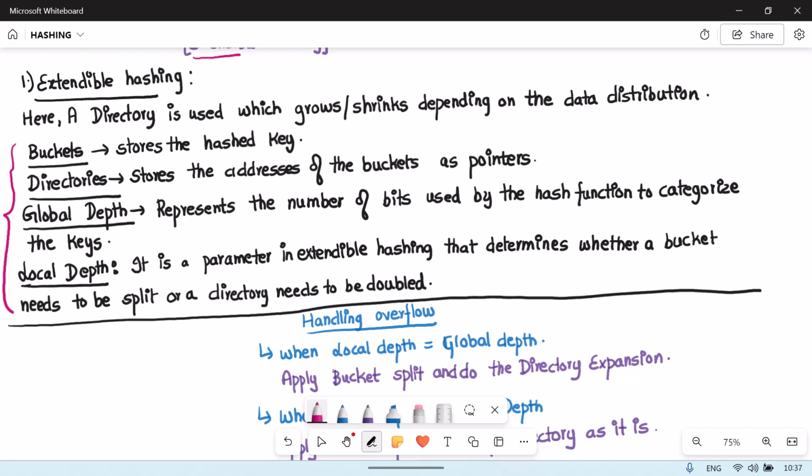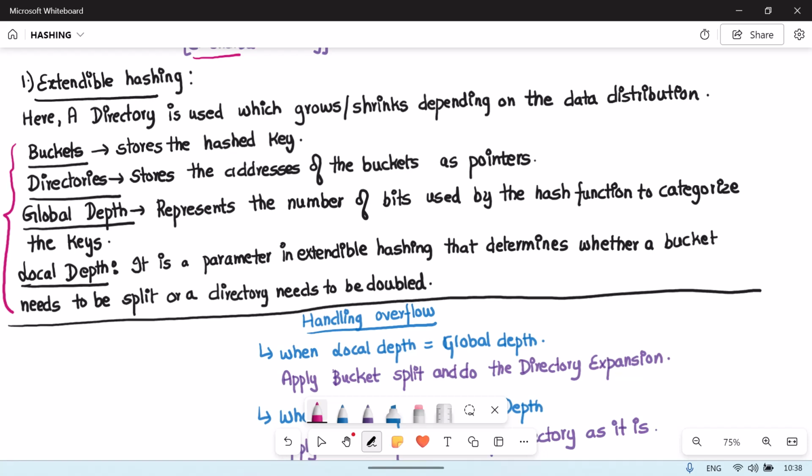So buckets are used for storing the hashed keys. Your keys will get hashed, and you have these values that you want to store. The values are getting stored in the buckets. And for each bucket, there is something called local depth. A bucket is sort of a hash table only, but here you will have multiple buckets.